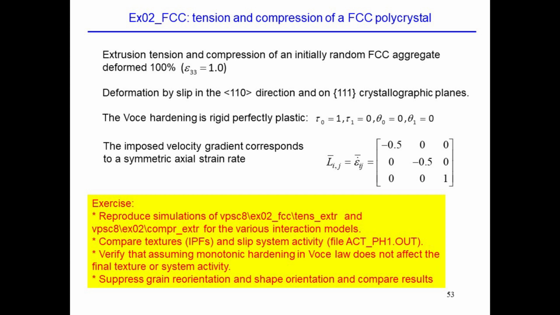And then I was also suggesting that you test or check what happens if you suppress grain reorientation or shape orientation and compare results. I don't know, has anybody done that last suggested exercise? Okay. I'll leave it there for you to do it whenever you want or can.